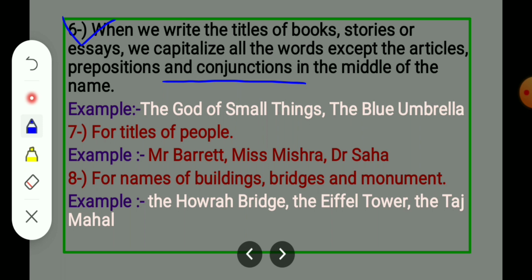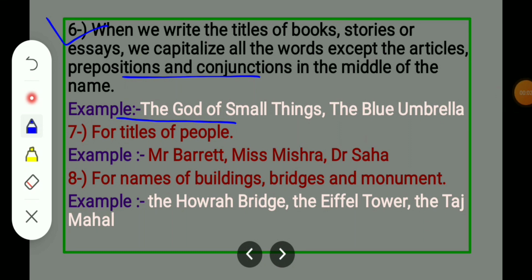If there are articles, prepositions and conjunctions in the name of a book, story or essay, we do not capitalize these, and except that every word should be capitalized. Example, you can see, The God of Small Things. Here of is a preposition, that's why we haven't capitalized it, and we have written all the other words with the capital letter.